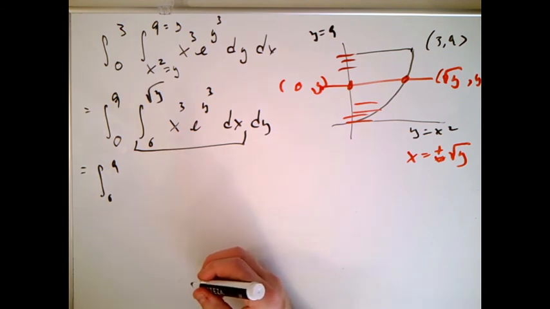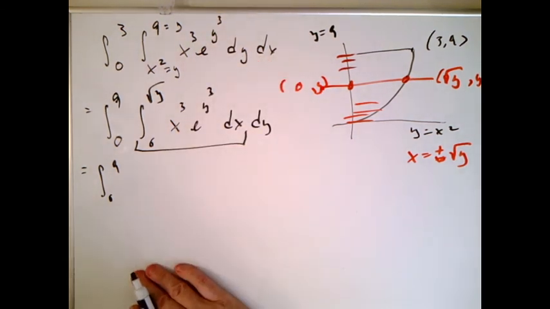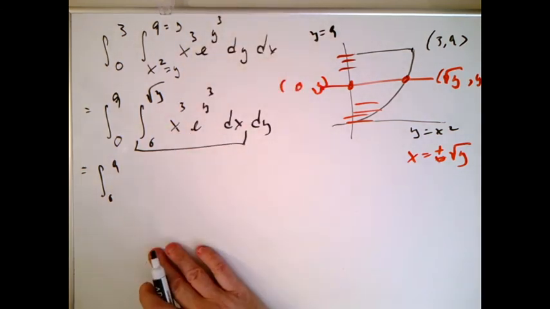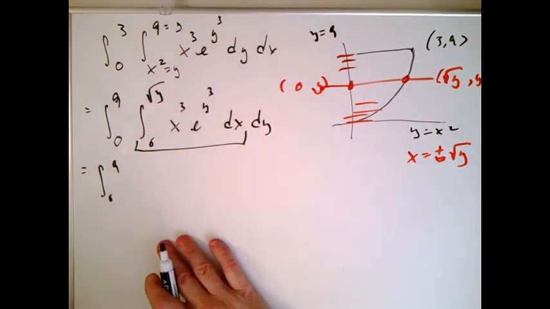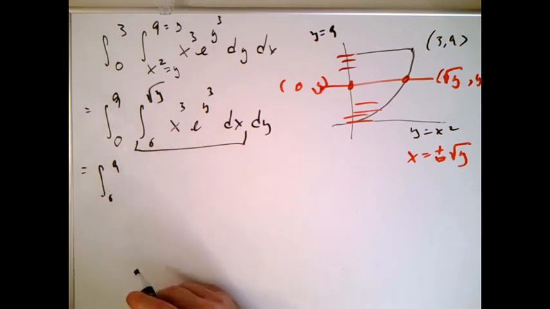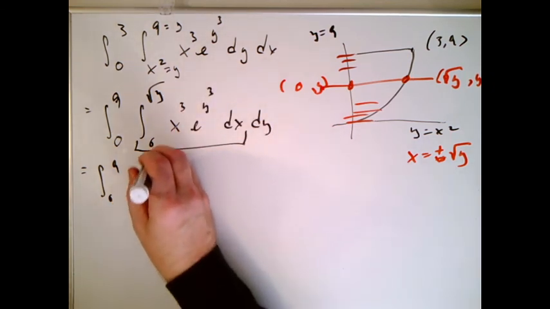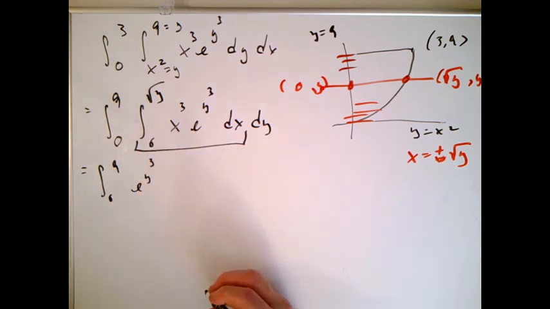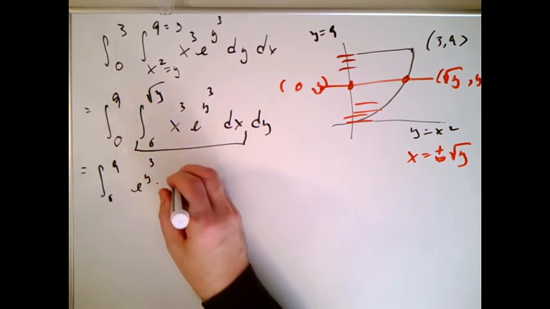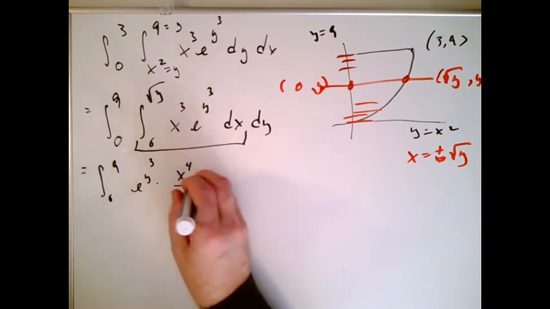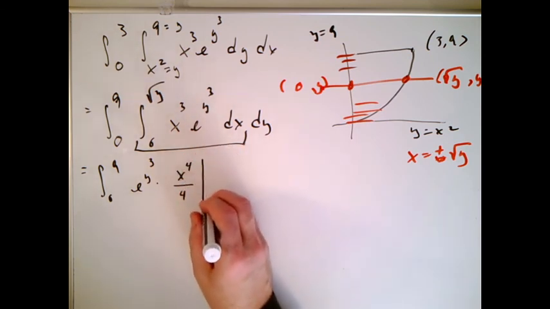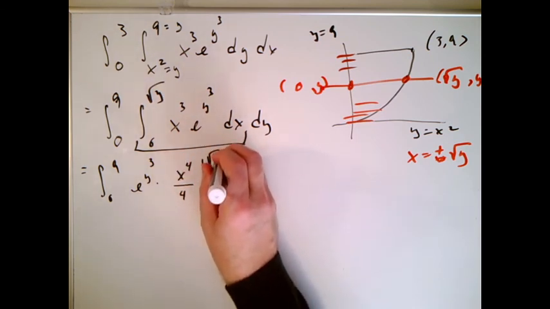How do I take the antiderivative of x cubed e to the y cubed when I couldn't do it before? Well, before, I had to take the antiderivative of e to the y cubed where x was constant. This says I want to take the antiderivative of x cubed where e to the y cubed is constant. So let's put the constant in. Remember, when you take antiderivatives, constants go along for the ride. And now I'm going to go x to the 4th over 4. And that's going to go from 0 to square root y.